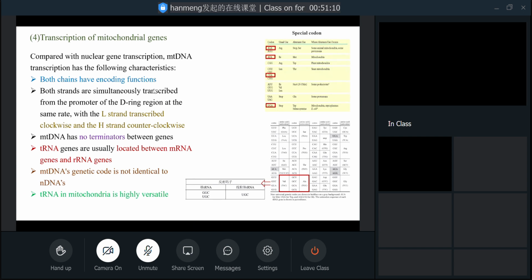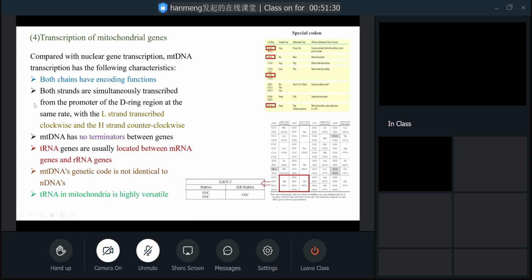And both strands are similarly transcribed from the promoter of the D loop region at the same rate, but the L strand is transcribed clockwise and the H strand counterclockwise.